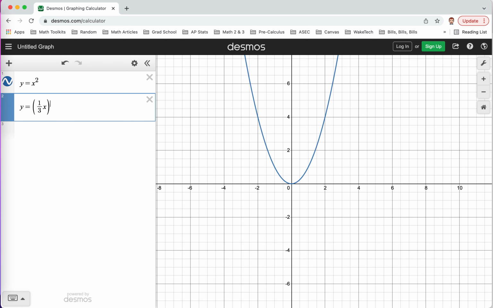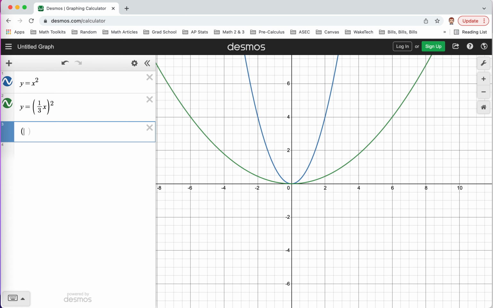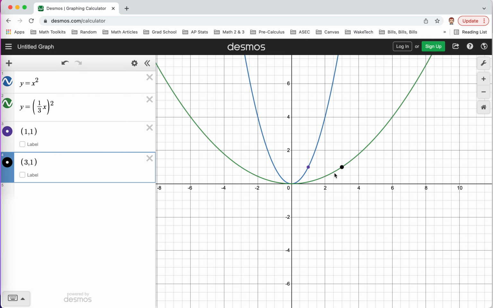My x's are being multiplied by a constant. That has horizontally stretched this. So we had a point at 1, 1. Horizontally, it's now at 3, 1. So I'm stretching the horizontal distance by a factor of 3.